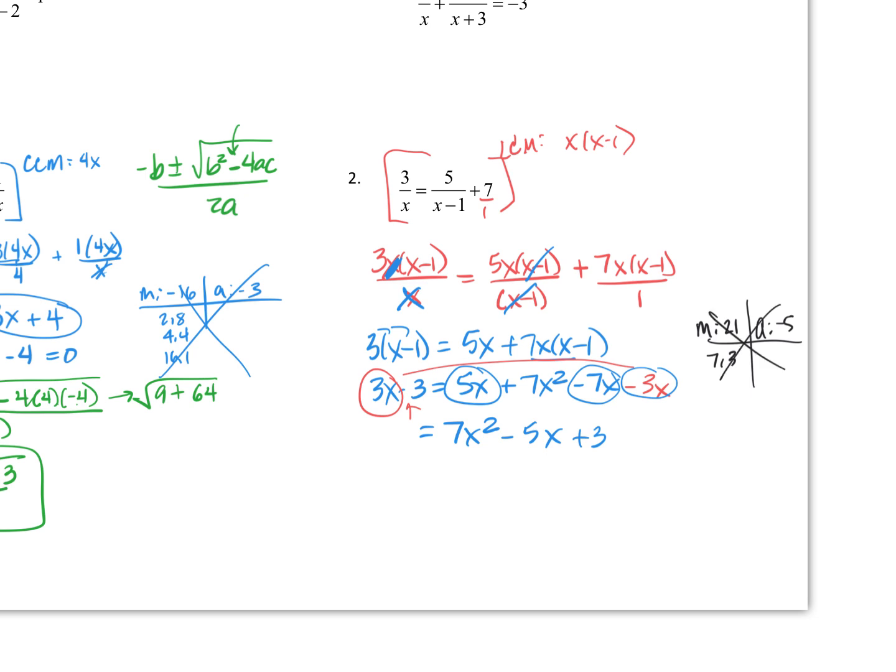So factoring's out. I don't want to complete the square because the 5 is odd. Square roots are not part of this, right? So we're going to do quadratic formula again. All right, let's do this. So negative b plus or minus the square root of b squared minus 4 times a times c all over 2a.